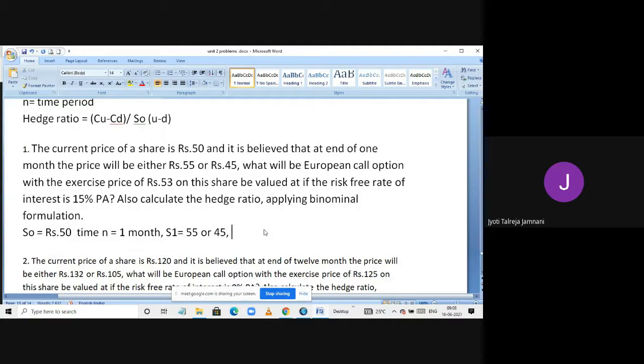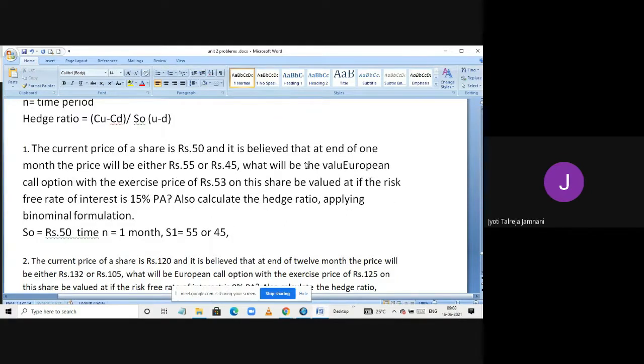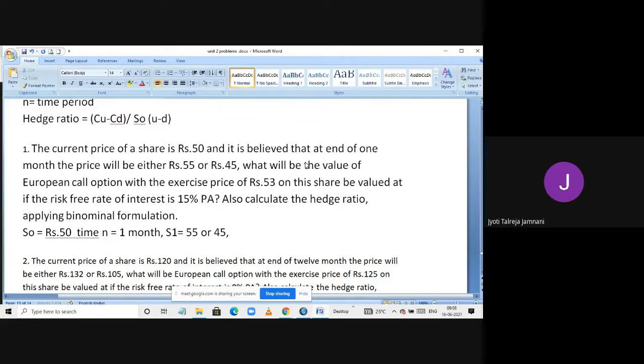What will be the value of a European call option with the exercise price of rupees 53?